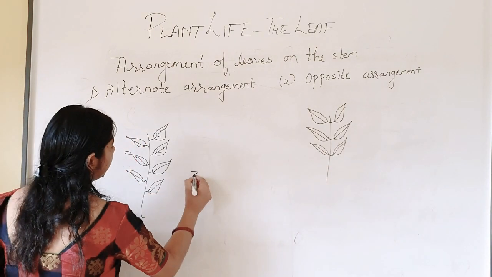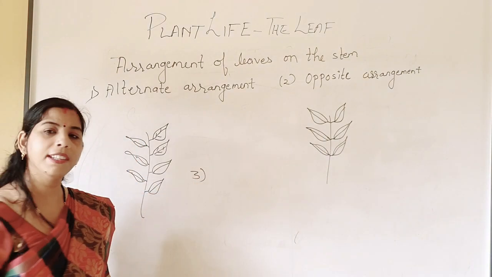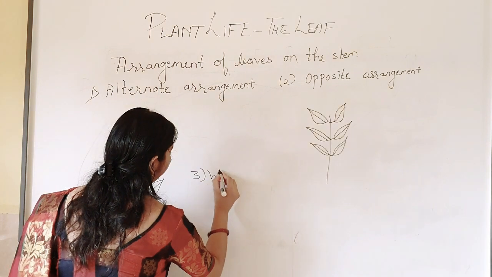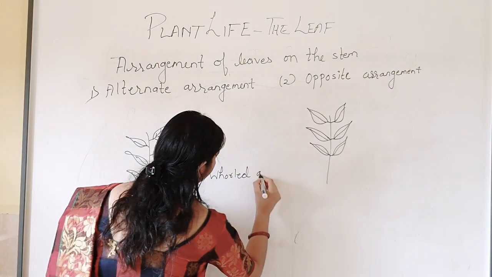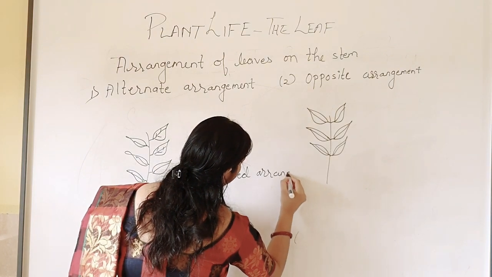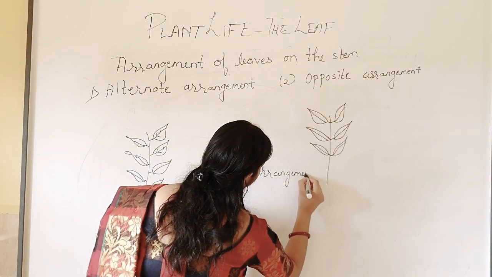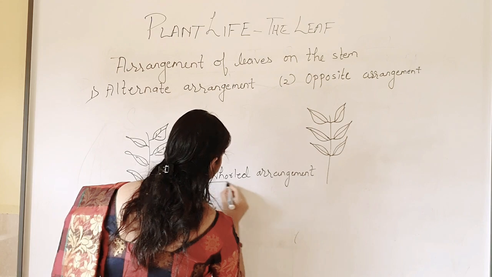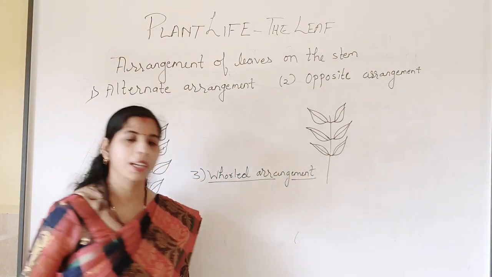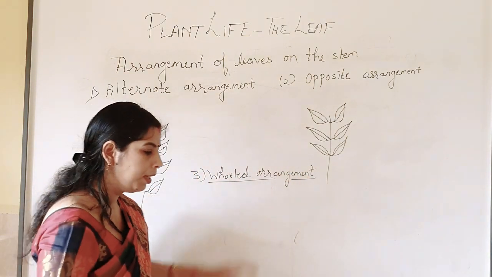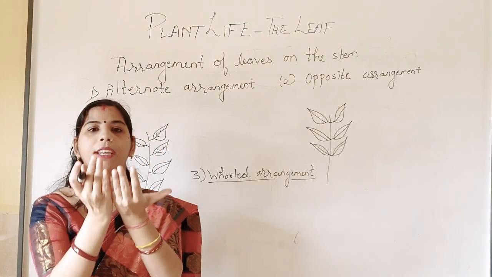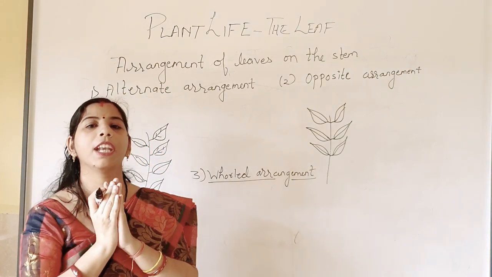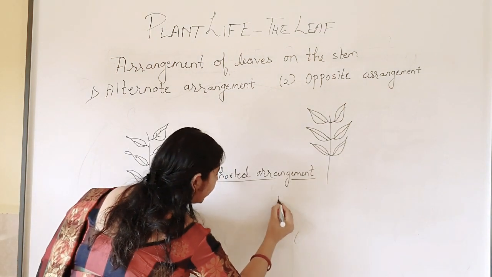Now the third one is the whorled arrangement. In whorled arrangement, what happened? The leaves are present in a circular manner, but they are also not going to overlap each other like this.